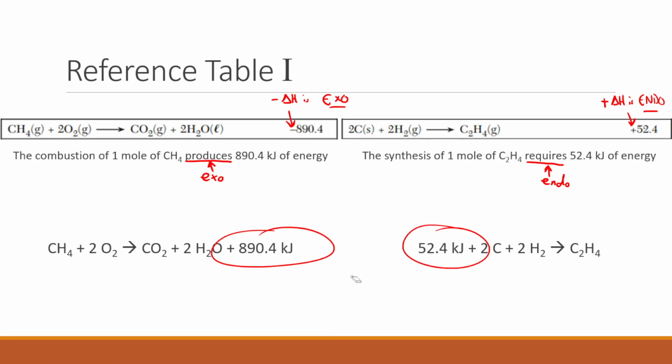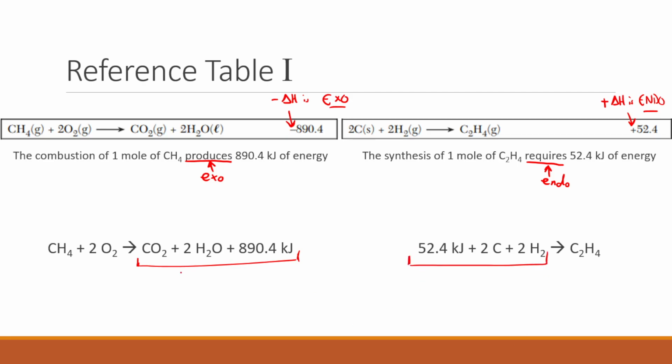So what part of the way these reactions are written gives you this context of endo and exothermic? In this case, it's the side of the reaction that the energy is on. In our first reaction, energy is a product.